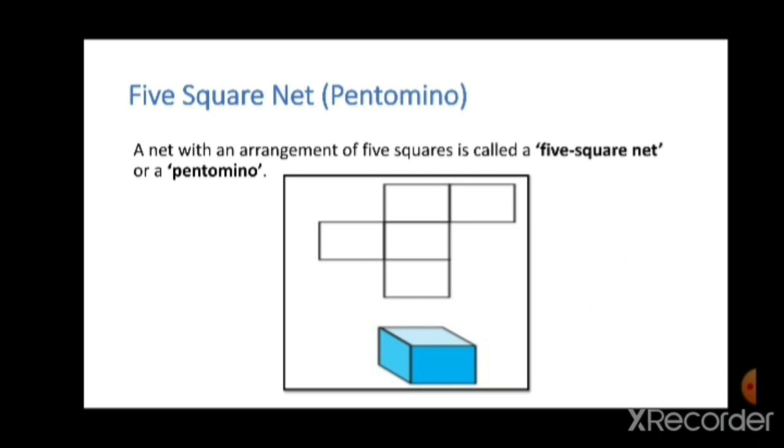But this box will be an open box. Why? Because it has only 5 squares. So that is why it is called a 5 square net or pentomino. By joining this structure of 5 square net, you will get an open box.